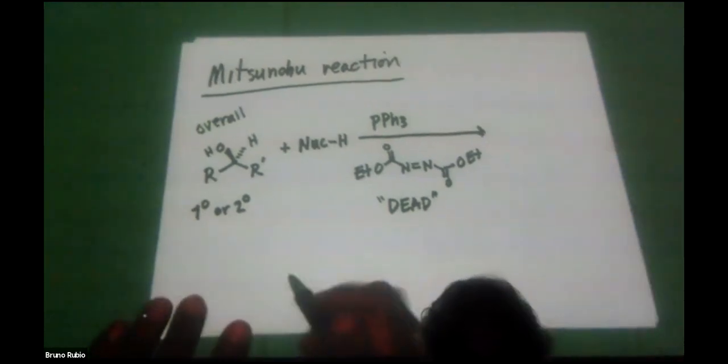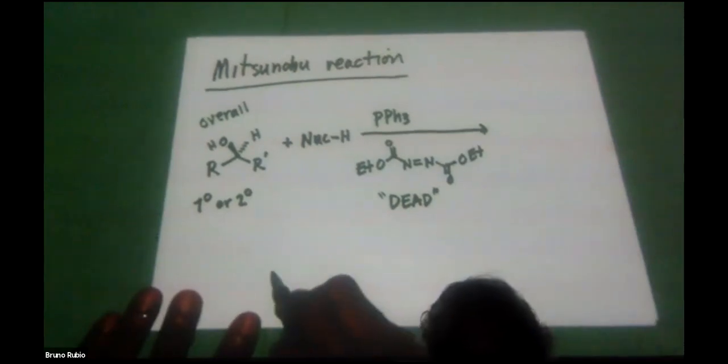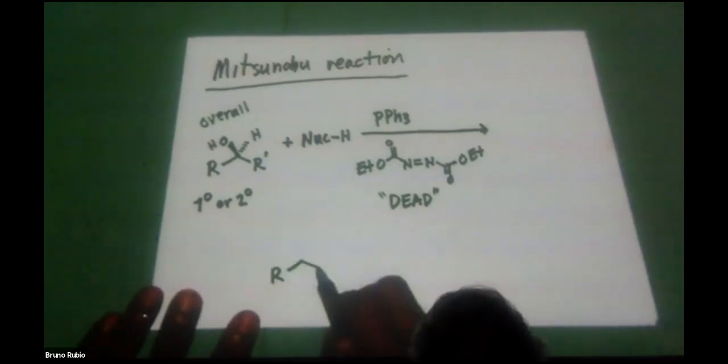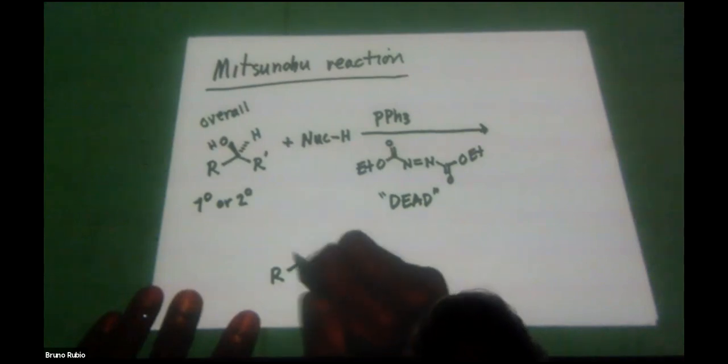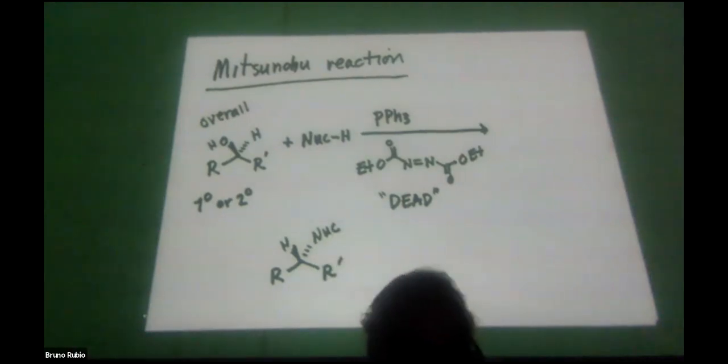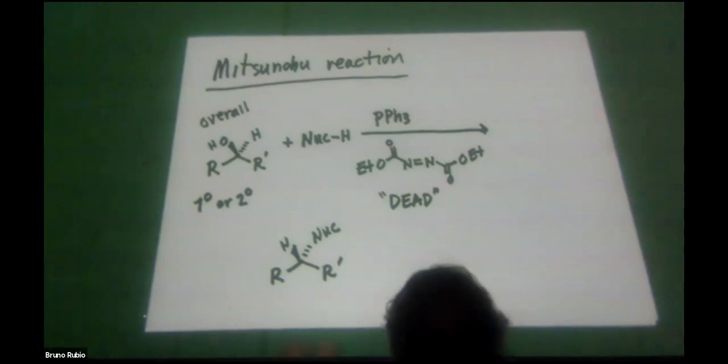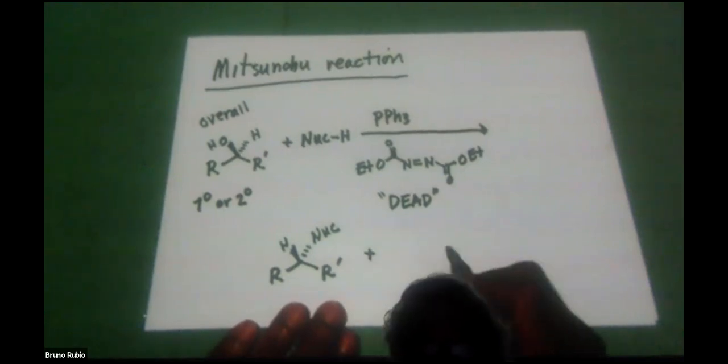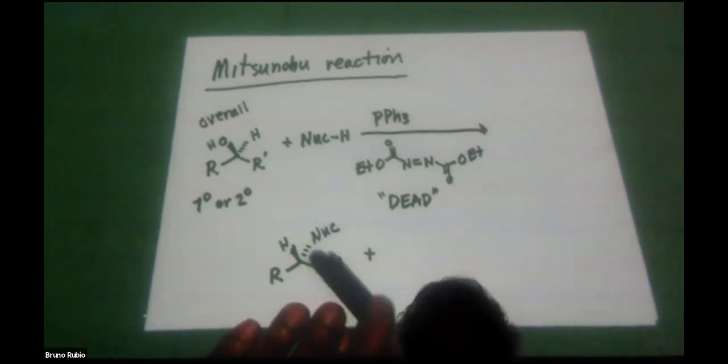Okay, and the products are going to be the nucleophile ends up where the alcohol used to be, but note the inversion of stereochemistry. The OH was initially in the front, the nucleophile is going to come in the back. The organic junk we don't care about. This is what we care about, this guy here, what the alcohol turned into.